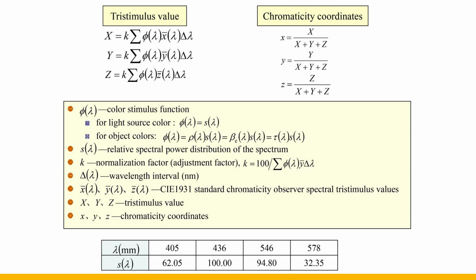These are respectively equal to the ratio of the primary color stimulus value of red, green, and blue to the sum of the three stimulus values, because x plus y plus z equals 1. Two chromaticity coordinates, x and y, are generally used.